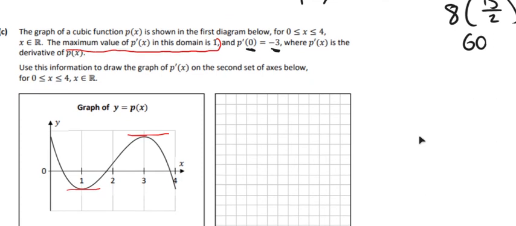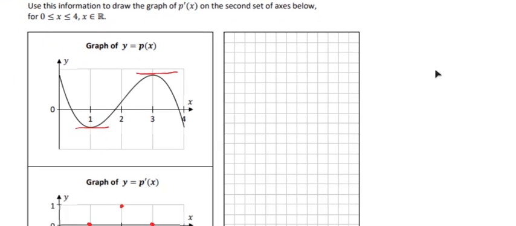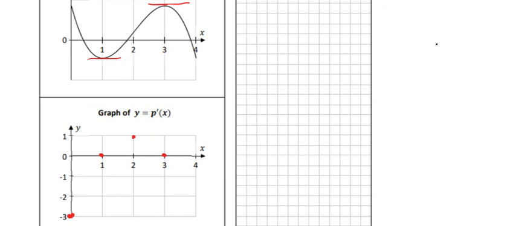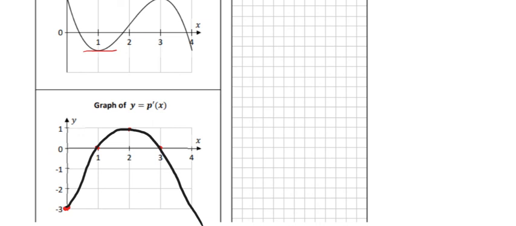So our graph has to look like that. We're just going to go through those points. You have to go pretty straight there. So our graph should look something like that.